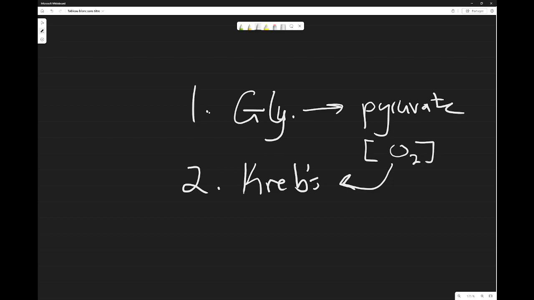Now, you gotta note, technically, the Krebs cycle is an anaerobic process, but most times it doesn't really occur without oxygen, and that is because of what's going to happen in our electron transport chain in our third step, right? But there is a mini step between glycolysis and the Krebs cycle, and we're going to look at that first.